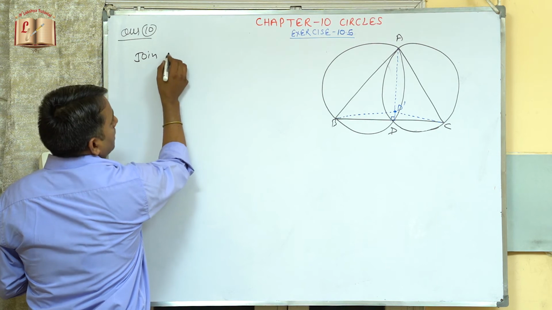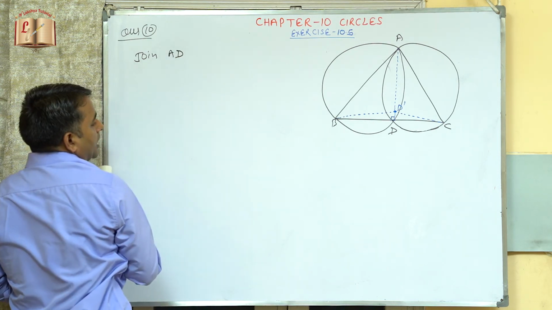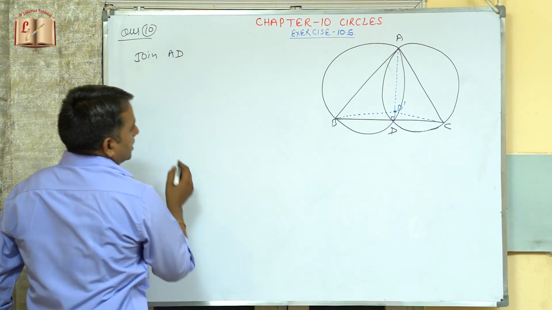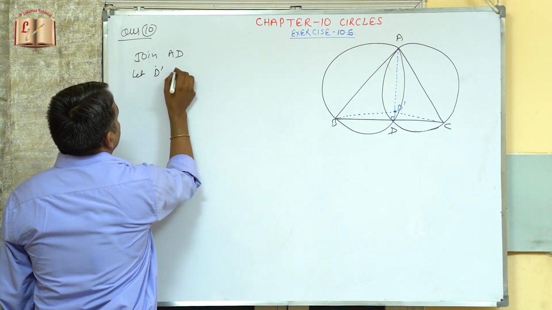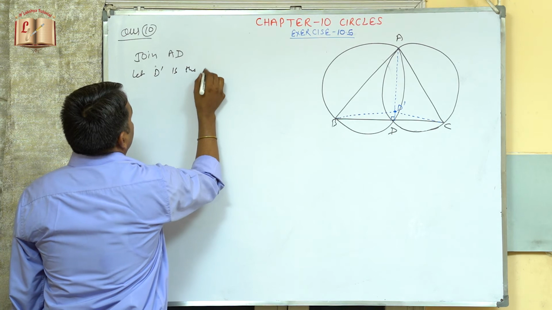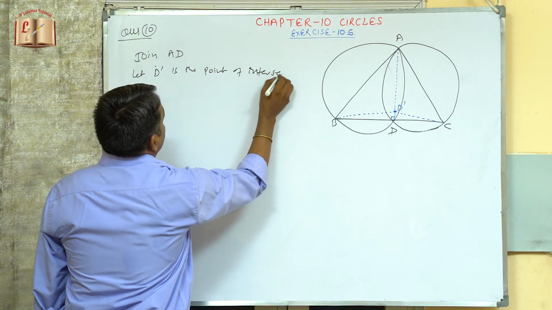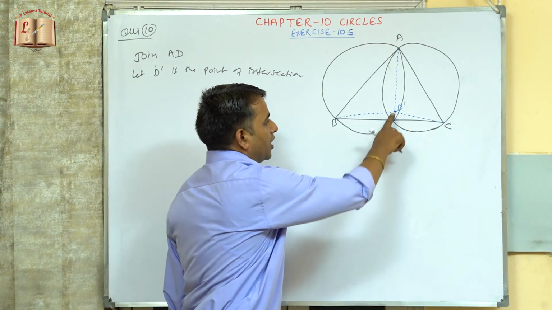Join A, join AD, and we will prove this by contradiction. Let D dash be the point of intersection.